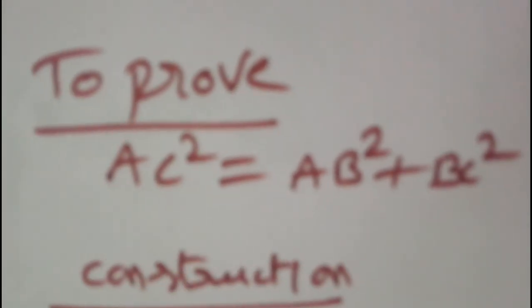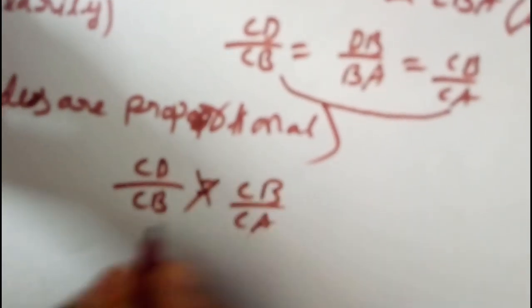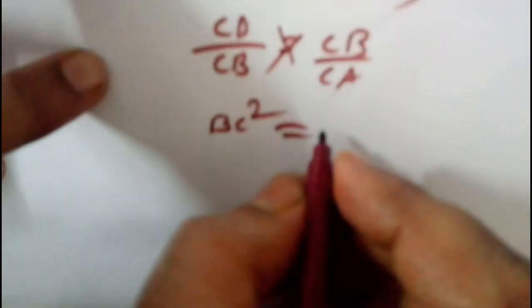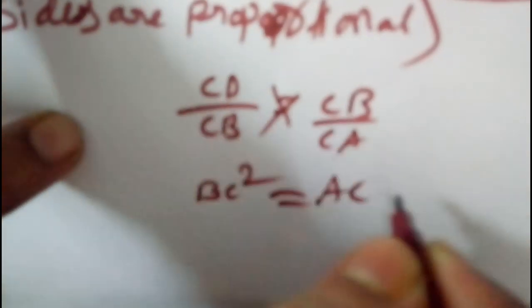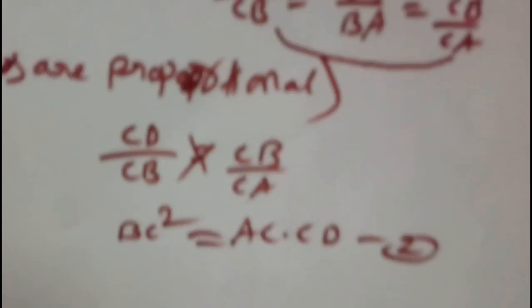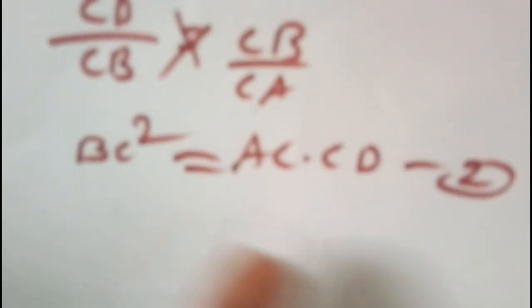By taking CD by CB is equal to CB by CA. Cross multiplication: CB into CB, CB square, that is BC square, is equal to AC into CD. This is equation 2.